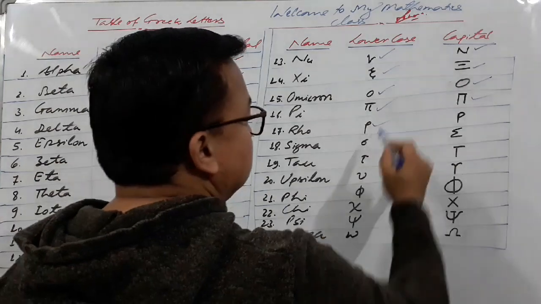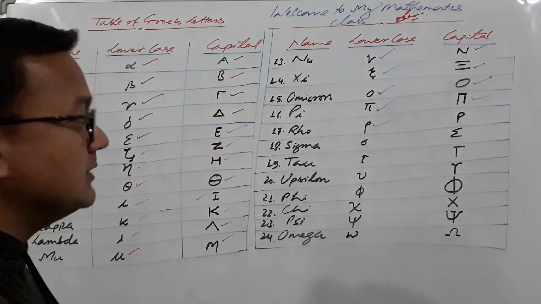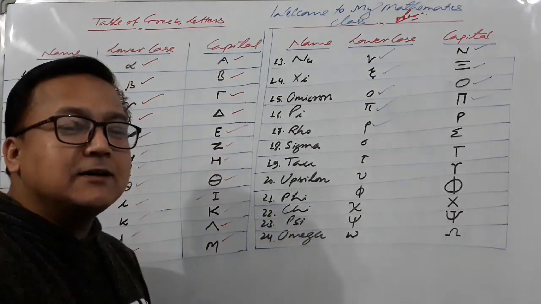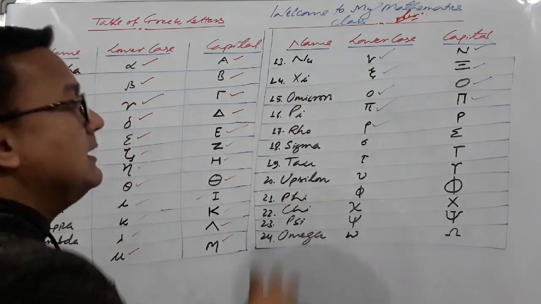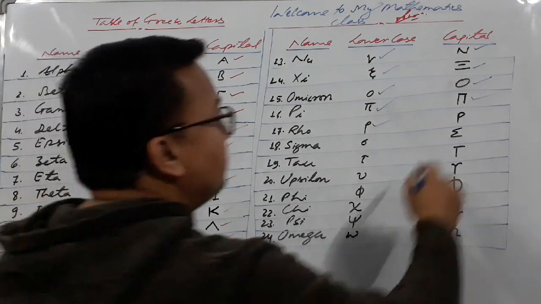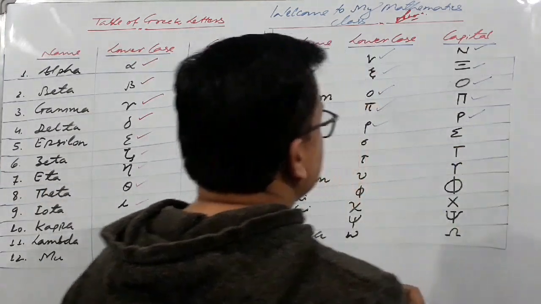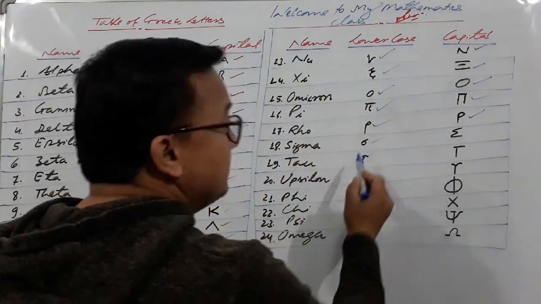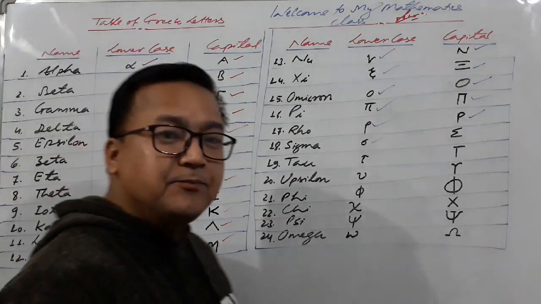And rho. In science, in physics almost, you get all these letters. Rho, and this one is a capital rho, and sigma, which we get in mathematics also.